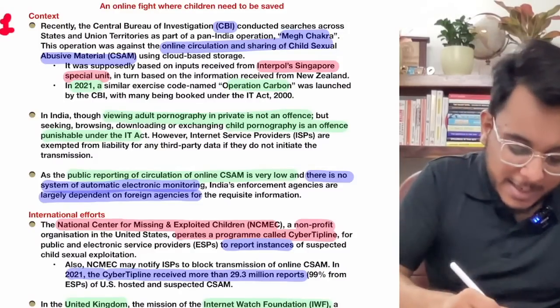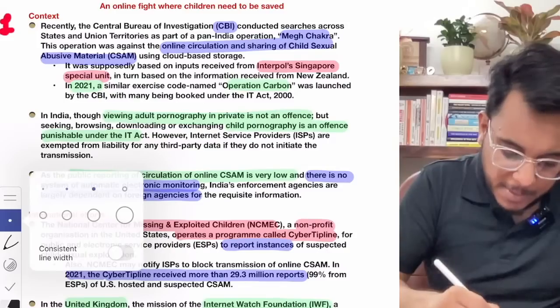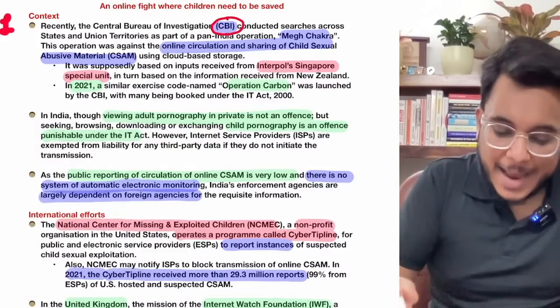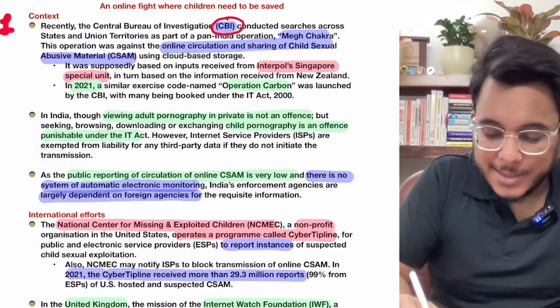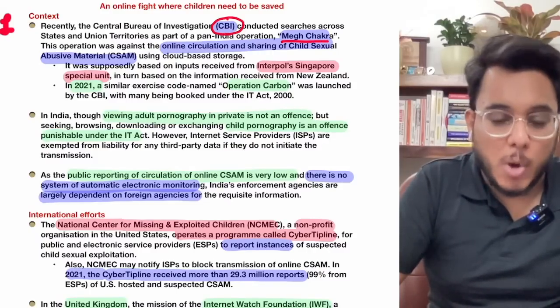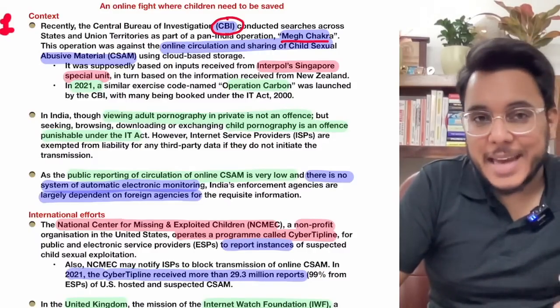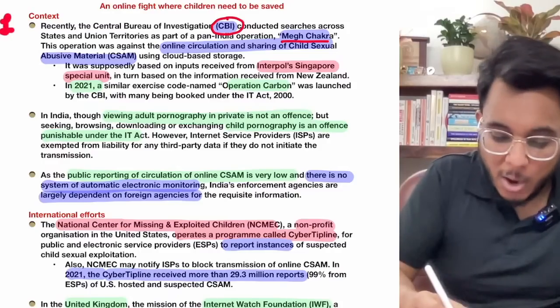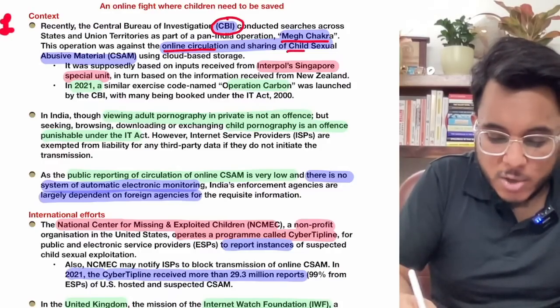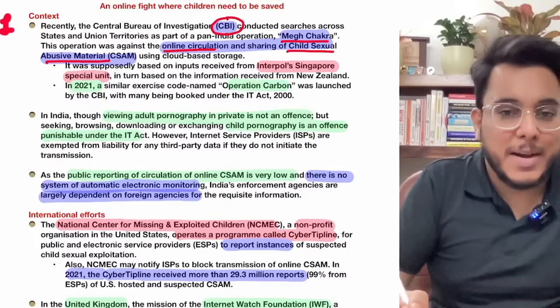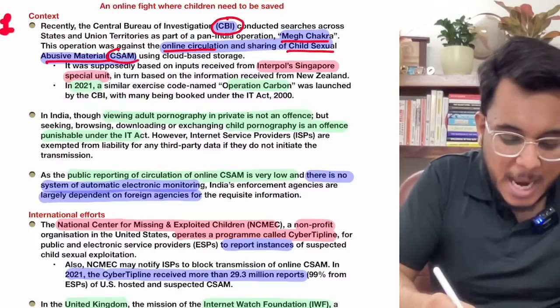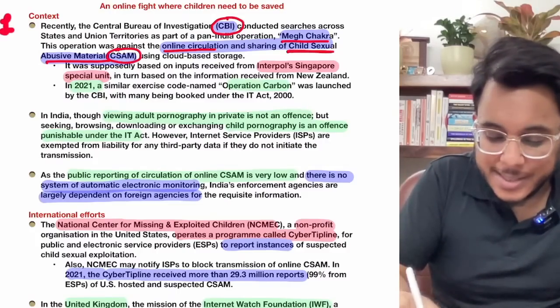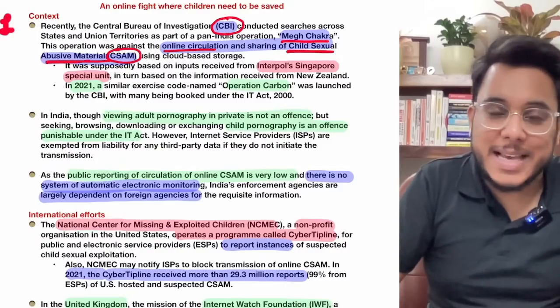Now recently what has happened, the CBI has carried out an operation, that is Operation Megh Chakra. This Operation Megh Chakra was carried out to curb the online circulation and sharing of child sexual abusive material, that is CSAM. Again I'll repeat, child sexual abusive material, CSAM.